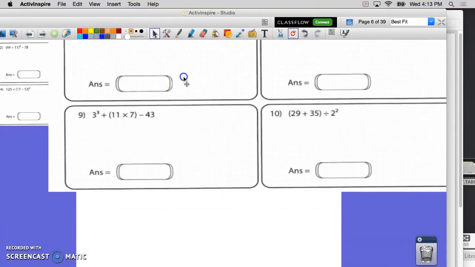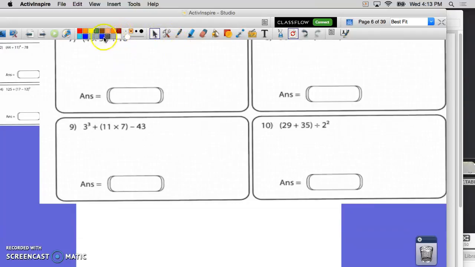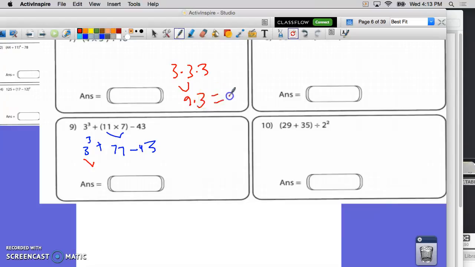Next one. Again, you should be trying these on your own. You really should be putting on pause to see if you can do this yourself. Okay, 11 times 7, parentheses first, 77. Bring everything else down. I'm going to do that exponent next. That's 3 times 3 times 3. That's 9. 9 times 3, 27. So that part right here is 27 plus 77 minus 43.